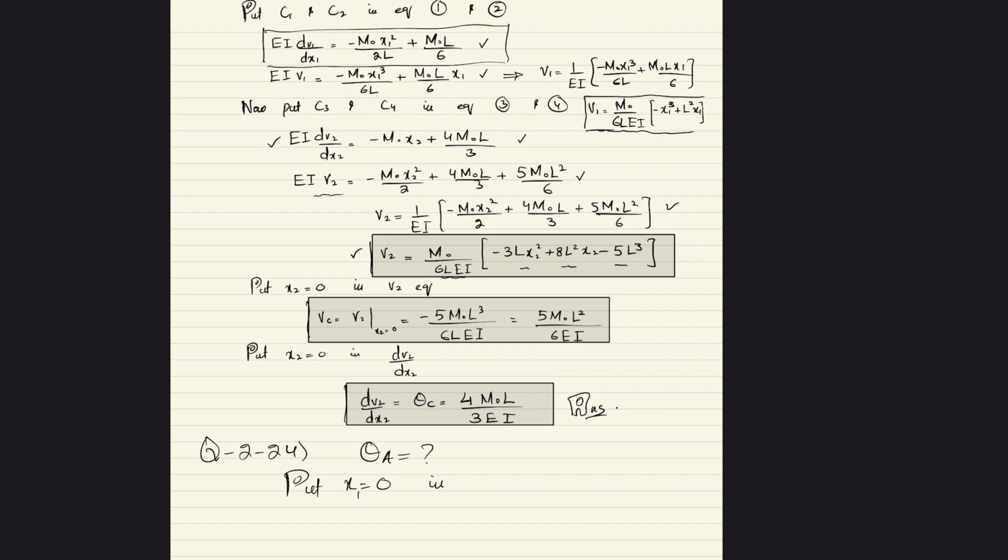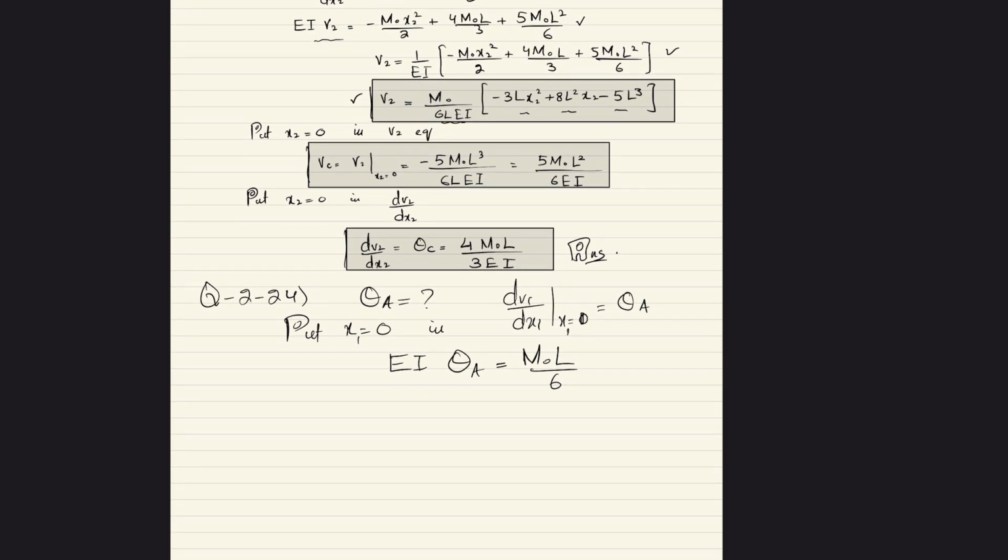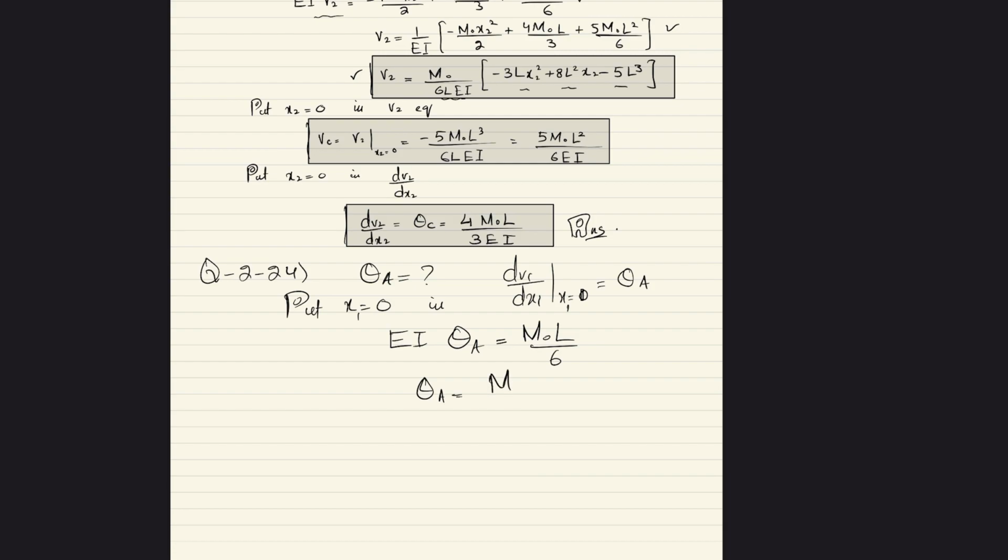So when you put x1 is equal to 0, this will be 0, and we will be left with EI into dv1 over dx1 is equal to m naught L over 6, and this dv1 over dx1 will be equal to theta A. So I will write dv1 over dx1 at x1 is equal to 0 is equal to theta A. If you want to find this theta A, theta A will be equal to m naught L over 6EI, and this is the answer of our second question, which is question 2-24.